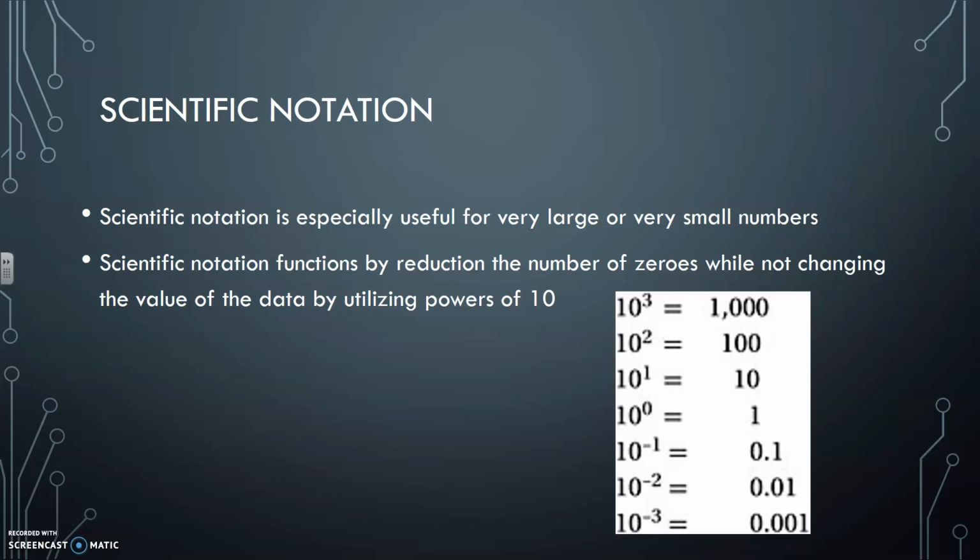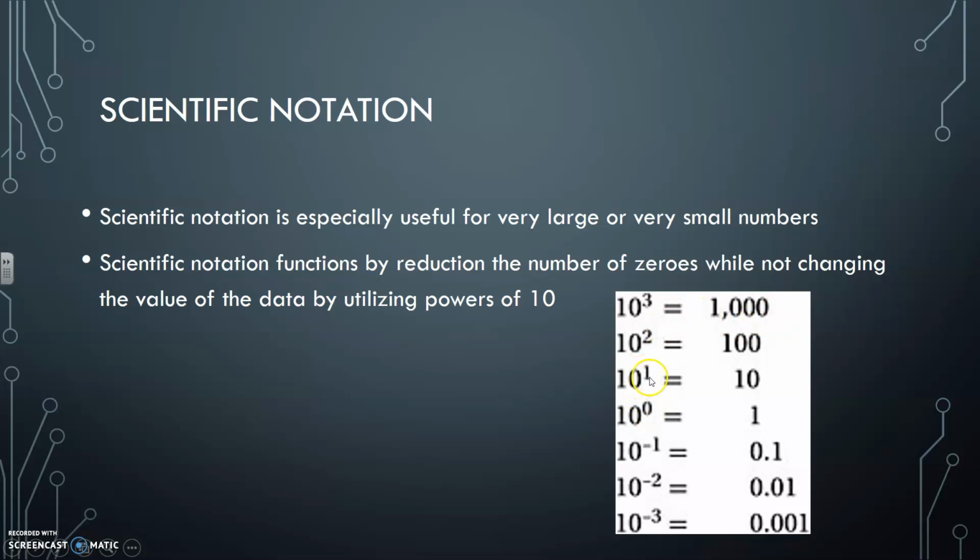Okay, so here we have 1 equals 10 to the 0 power. And then you've got 10 equals 1 times 10 to the first, right? And then 10 to the second is 100, 10 to the third is 1,000.